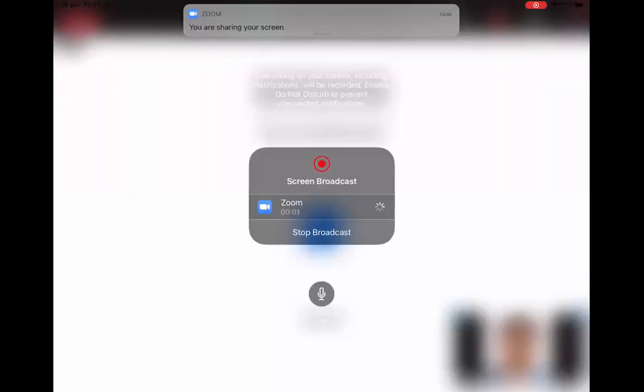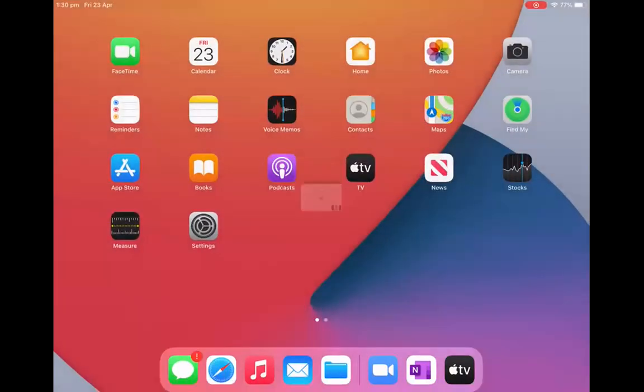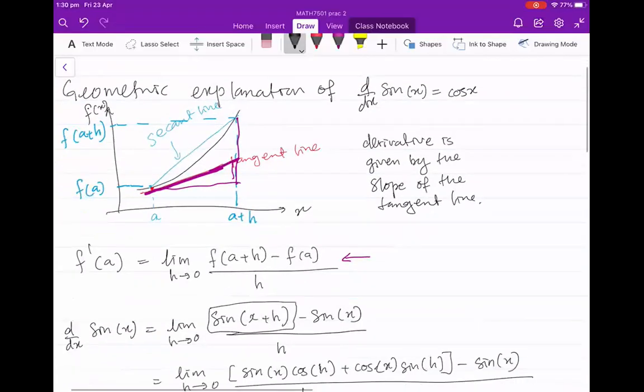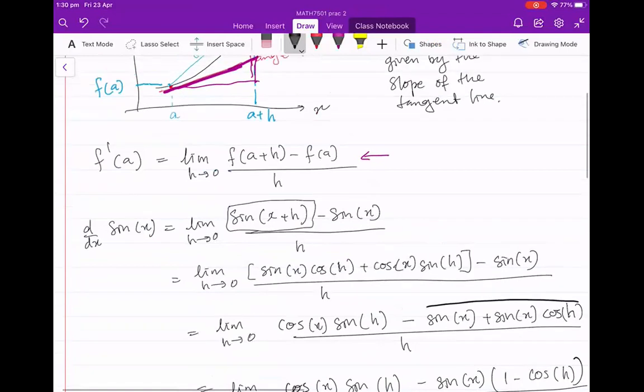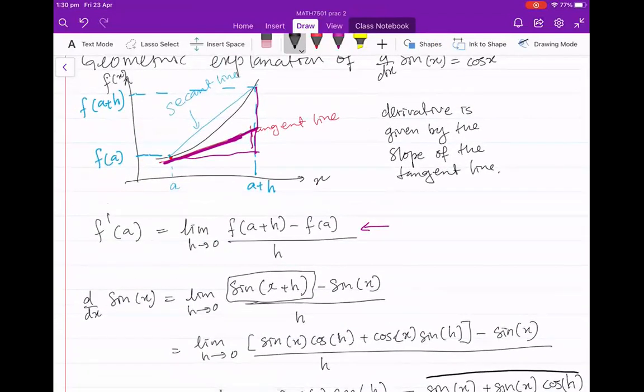Let's do this question. Okay, in this diagram, I have given you how this formula is derived.